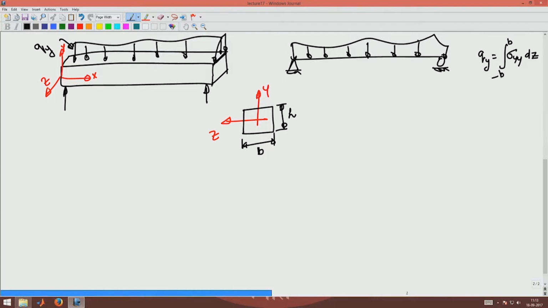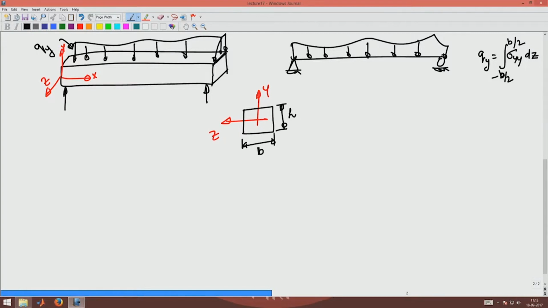This integral will be from minus b by 2 to b by 2 in this case, because I assume the origin to be at the centroid of the cross section. We will see all this in much more detail shortly.